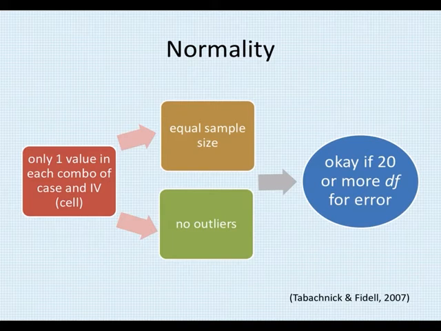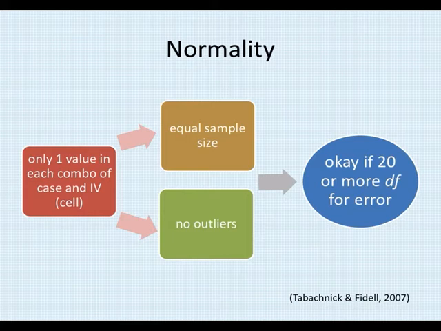So normality, I don't know if you still remember, what we did was there was a robust criteria. If it was equal sample size, no outliers, two-tailed, and had more than 20 in terms of degrees of freedom, it was robust. We didn't have to test for normality. And so for repeated measure, actually it's even more simple than that.